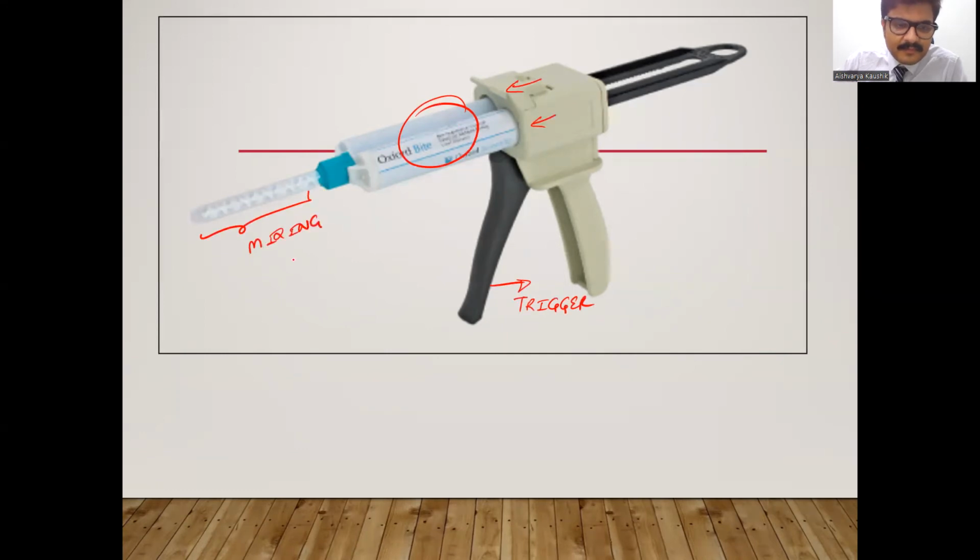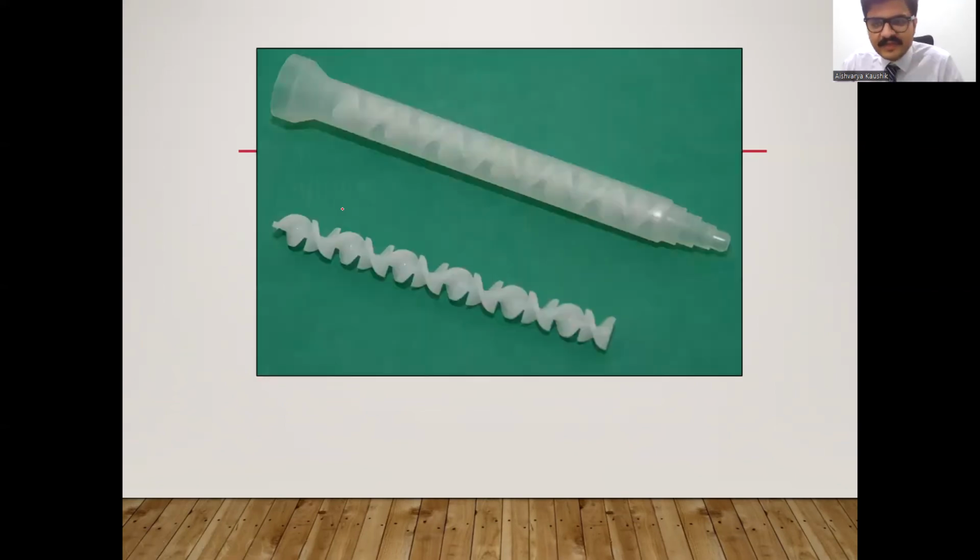Now, my mixing tip was filled with the mixed impression material, right? So we did not have that translucency to see inside. Now, if I cut open this mixing tip and see the elements, here you can appreciate a left-handed helix, a right-handed helix, a left-handed helix, a right-handed helix, left, right.